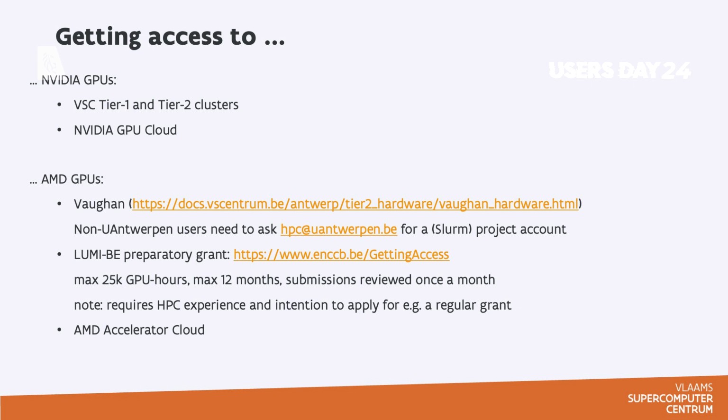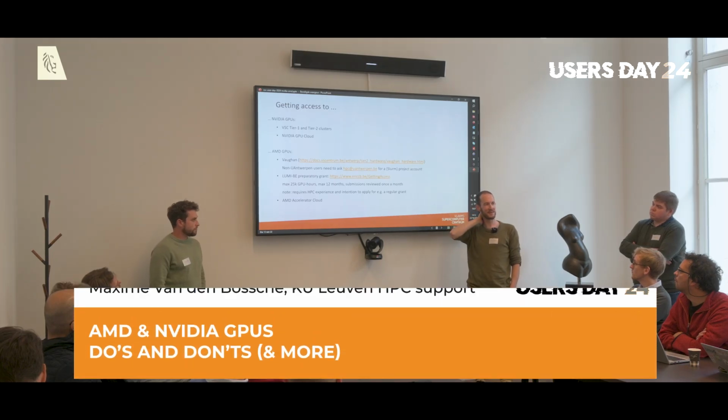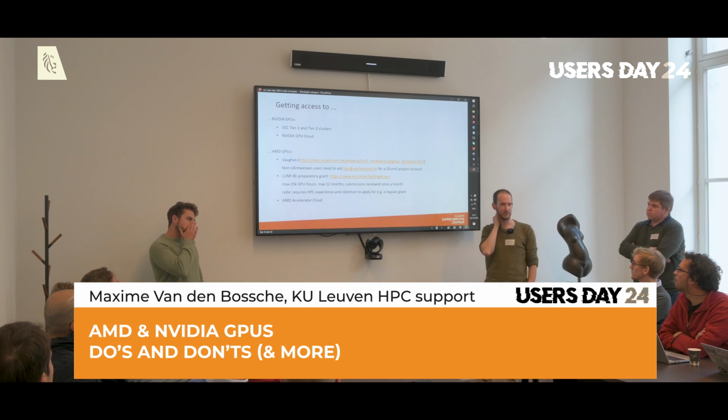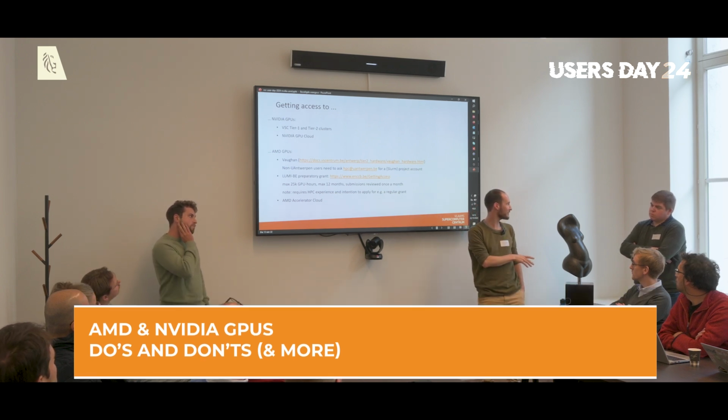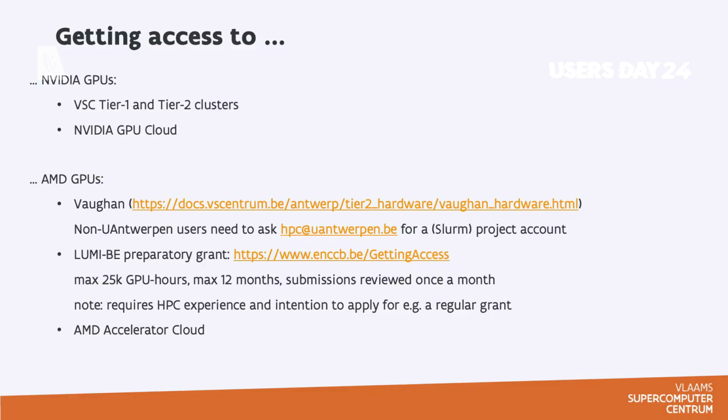For AMD, Robin already mentioned Vaughan. One more thing to keep in mind is that you also need compute credits to compute on those GPUs, but a simple email to the support should suffice. There's a project account. Yep.